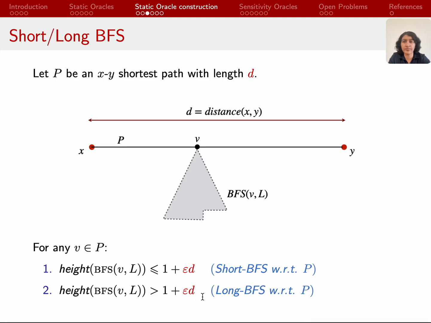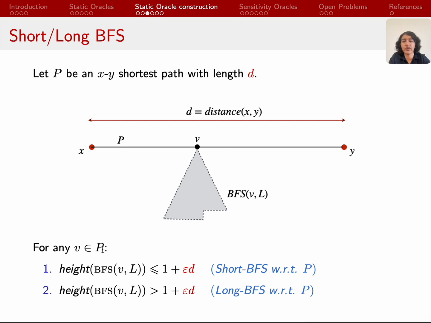Okay, so we next define the notion of short and long BFS. For any xy shortest path P of length d, we define this short and long BFS notion only for the vertices lying on the shortest path.